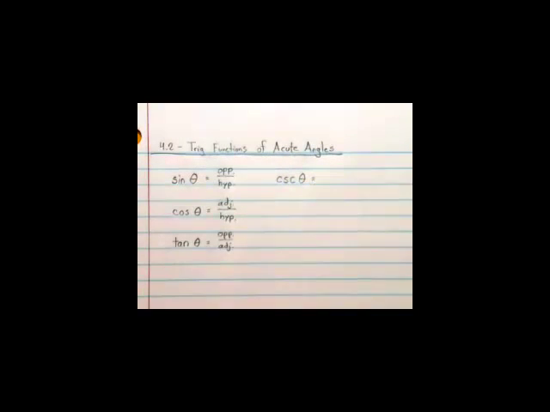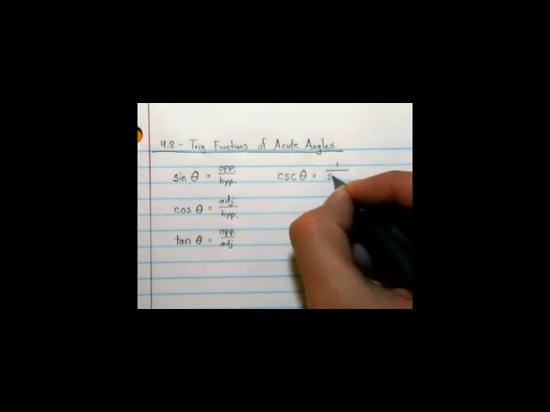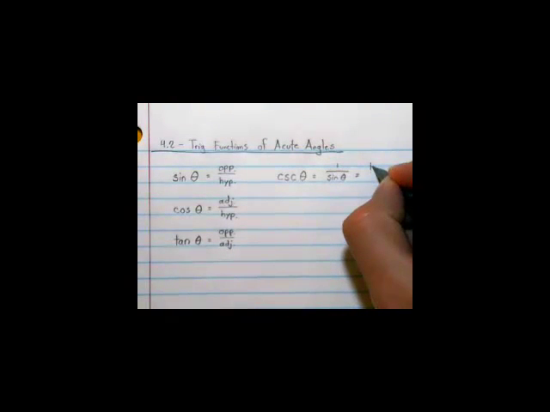And cosecant is equivalent to 1 over sine. So I'm going to go ahead and write that in here too. It is the reciprocal of sine, so 1 divided by sine, but as far as the opposite hypotenuse stuff is concerned, it just flips that fraction, so it's hypotenuse over opposite.